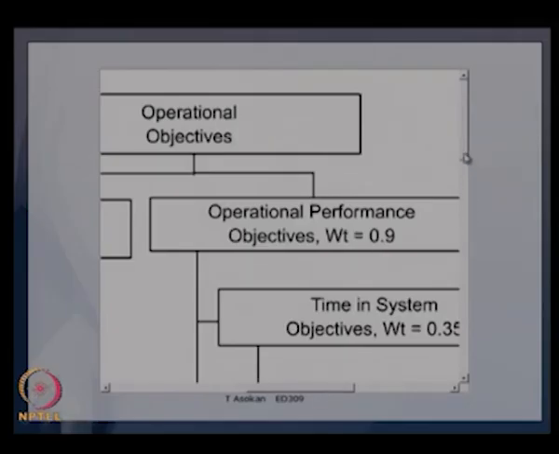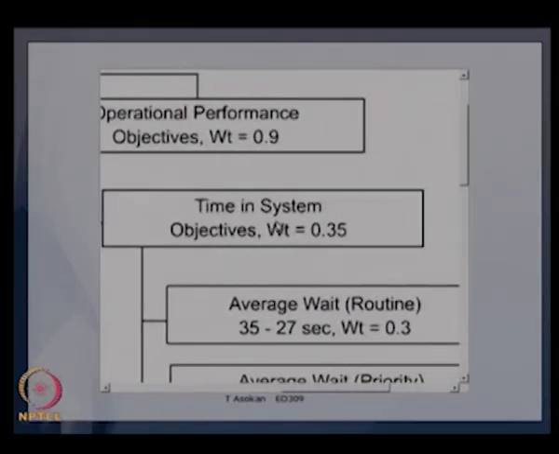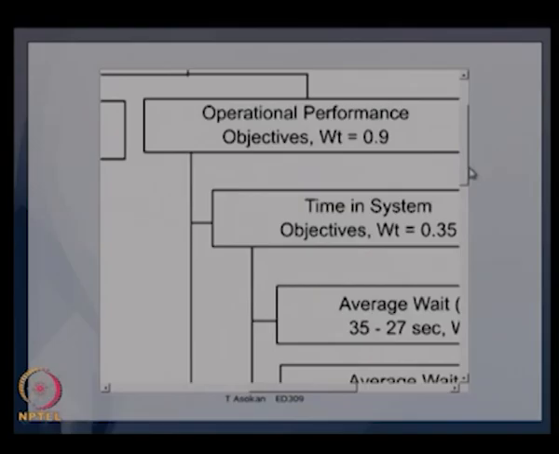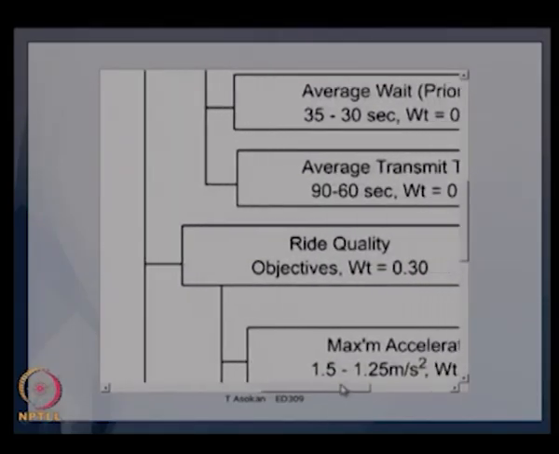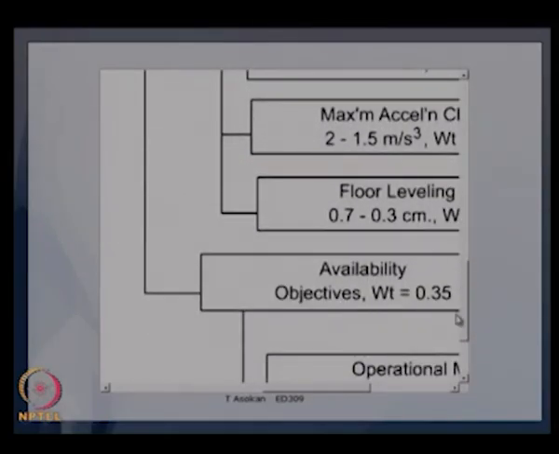And when we look at the operational performance, we will see that there are many other sub-objectives coming from the subsystem, like time in system. So in order to get the operational performance objective of 0.9, we have a time in system objective of 0.35, then a ride quality objective of 0.3, and then an availability objective of 0.35.